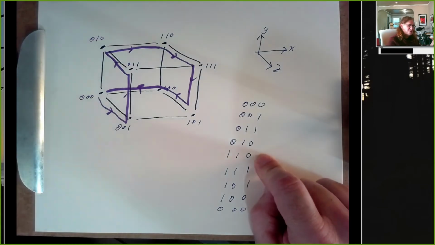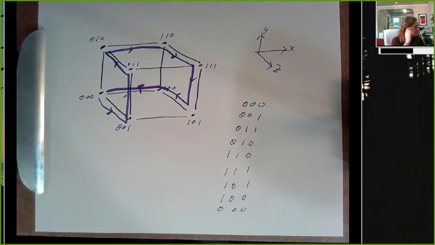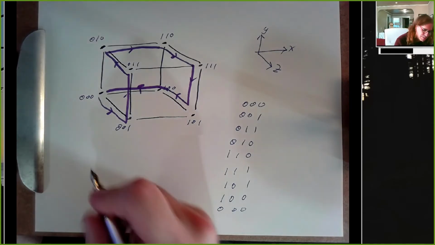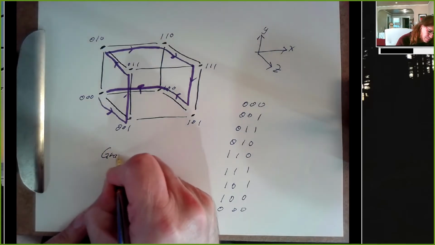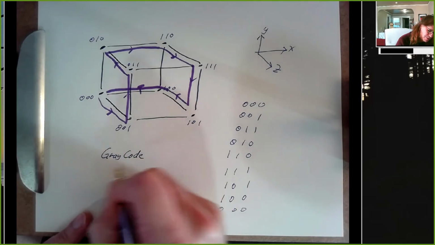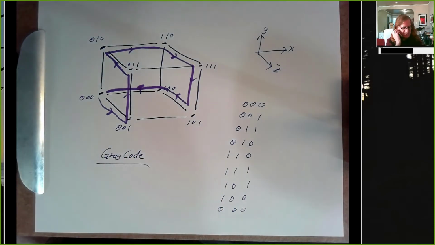So do you remember what this was called in 250? Yeah, this is a Gray code. I just Googled to see if it was an A or an E. It looks like it's an A. This is what we call a 3-bit Gray code.